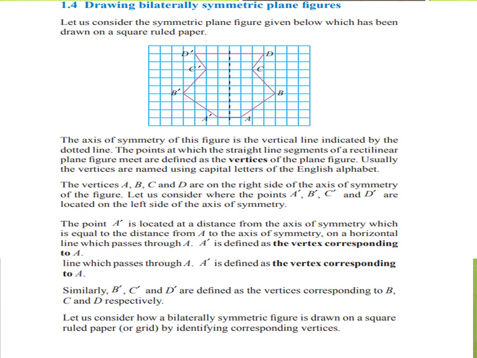Similarly, B with the comma, C with the comma and D with the comma are defined as the vertices corresponding to B, C and D respectively.